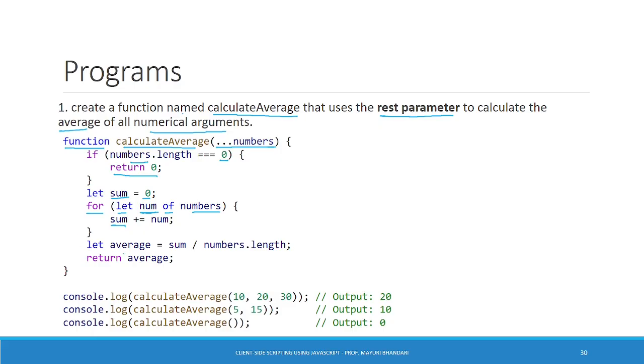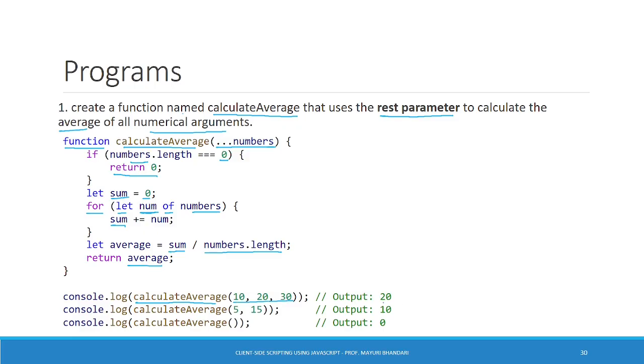After for loop, let us calculate the average. So average can be calculated using sum divided by length of numbers. So sum divided by numbers.length will give you average, and then return average from the function. Now to use the function, we'll just call the function with variable number of arguments. Here we have passed 3 arguments.